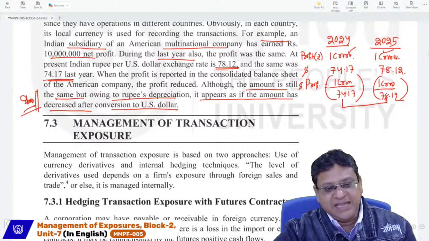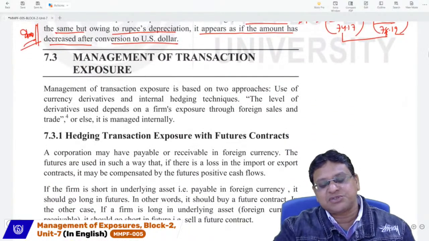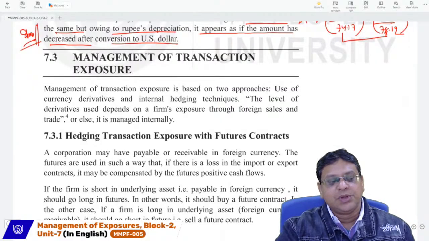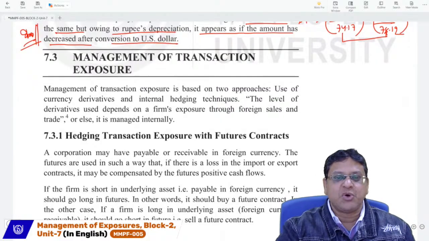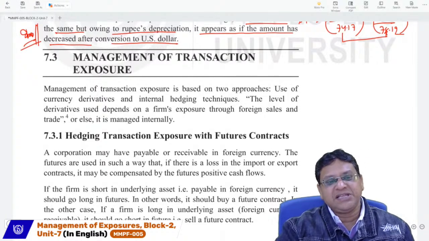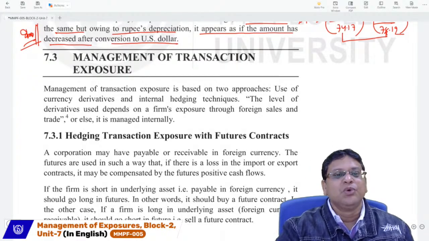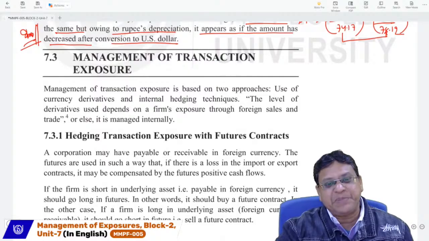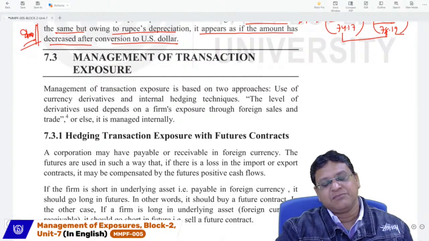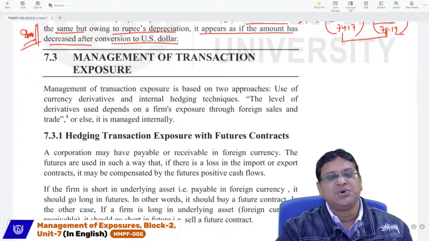So there are three important forms of exposure. One is transaction exposure. It arises due to agreements which have already been incurred by the firm. Another is operating exposure. It arises due to the future cash flow impact of foreign currency fluctuation. Transaction exposure impacts current cash flow, whereas operating exposure impacts future cash flows.